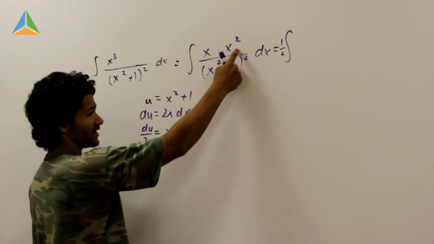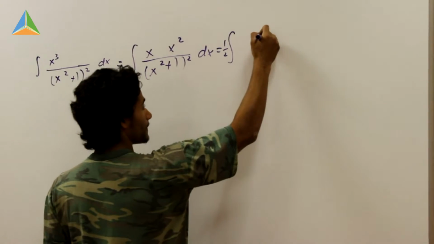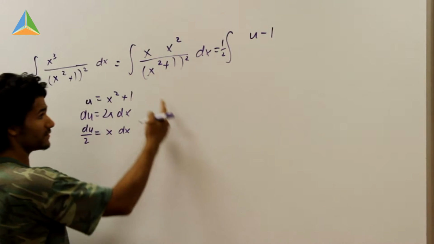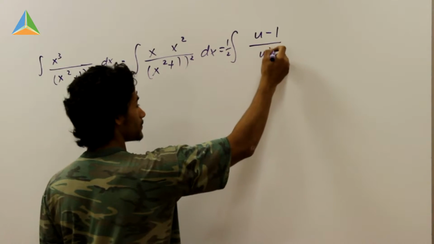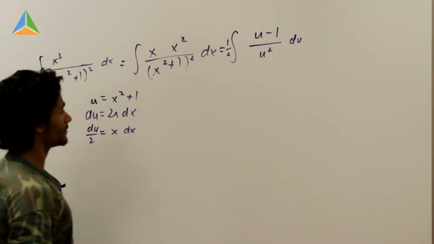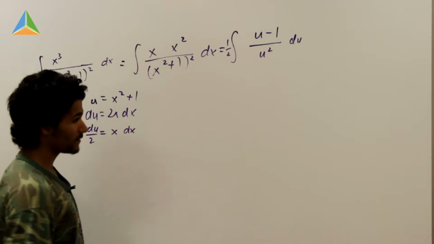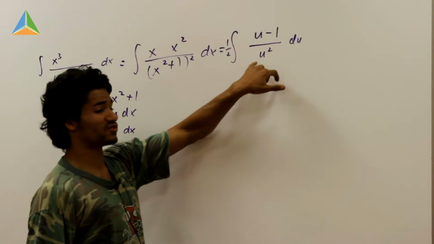Now the u equals x squared plus 1. That means that this x squared is equal to u minus 1. And this here is equal to u squared du. Now, there's a couple ways of solving this, but I will choose just splitting it up.